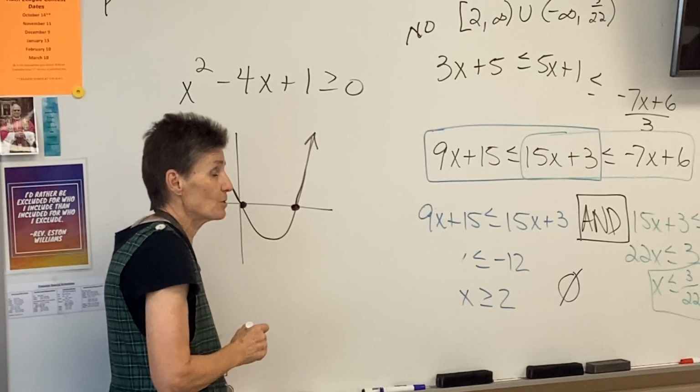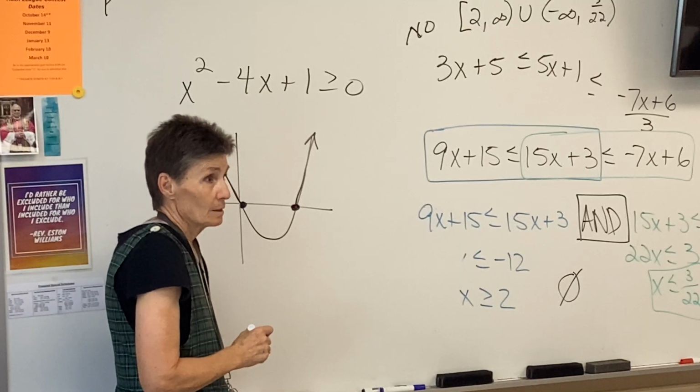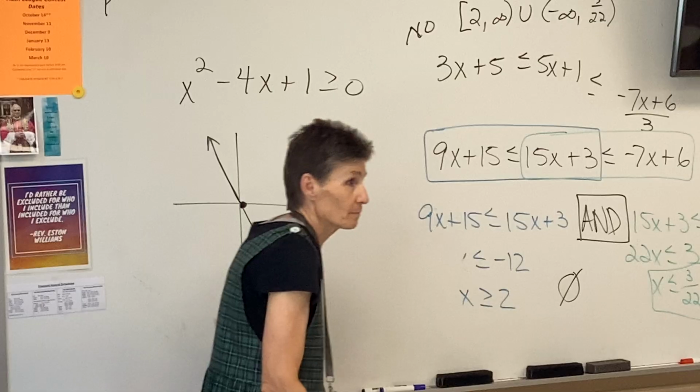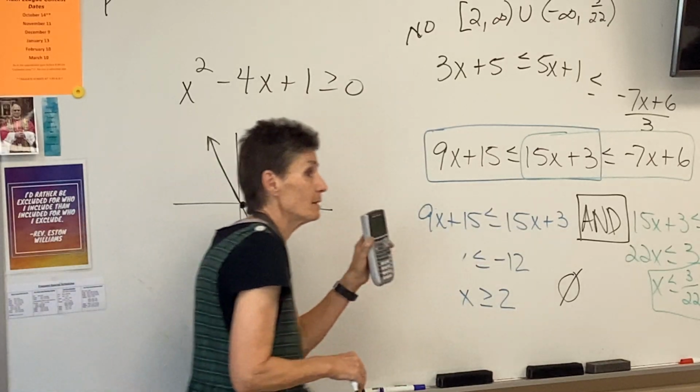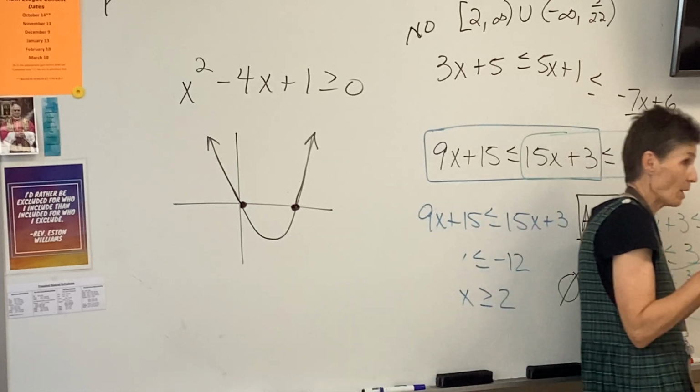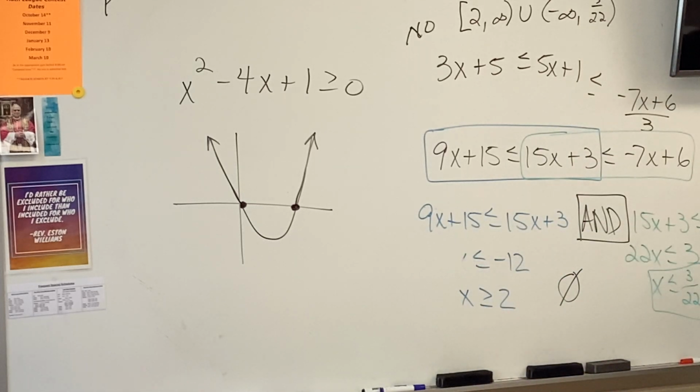So what do I need to do now? Charlie? Find the intersection, or the zero. Find those points, yeah. Now, the way I have it set up, I'm just going to find the zeros. But if you want to put in another equation, like a 0 in the intersection, you can. I'm just going to find the 0.